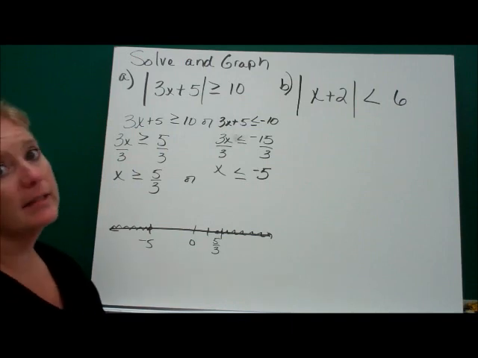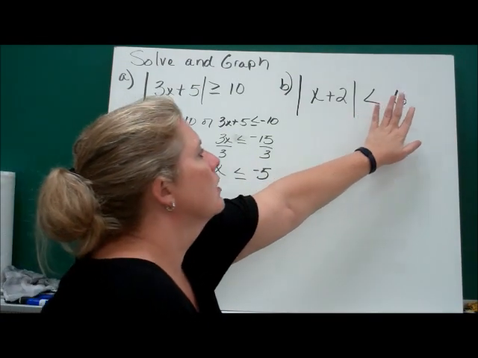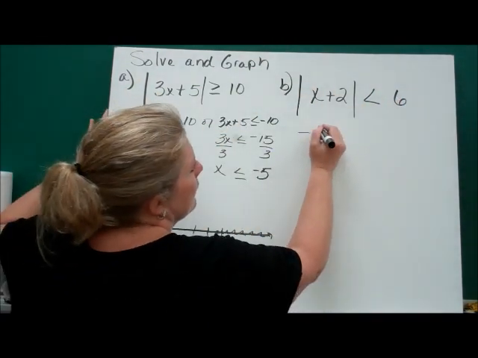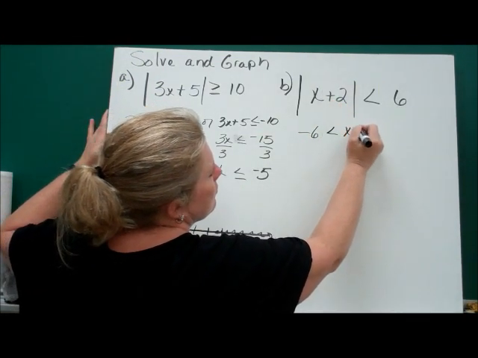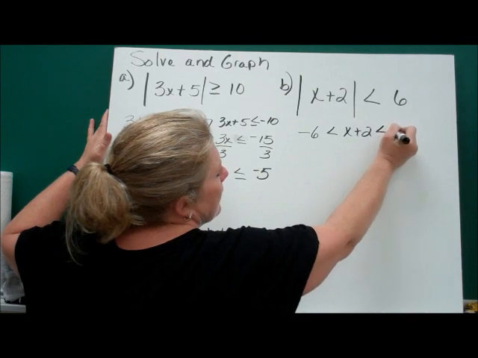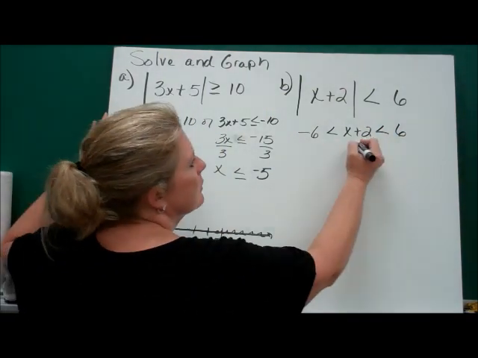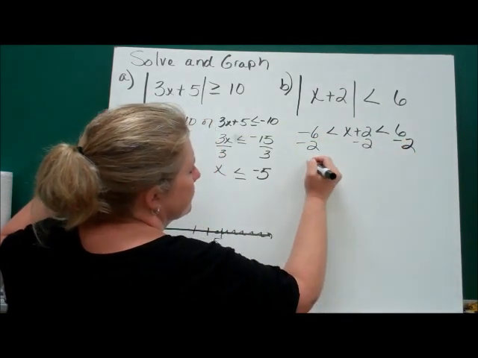Next one is a less than. Since it's a less than, we're just going to start with the negative of that. Negative 6 less than x plus 2 is less than positive 6. And then we solve. Subtract 2 from everywhere.